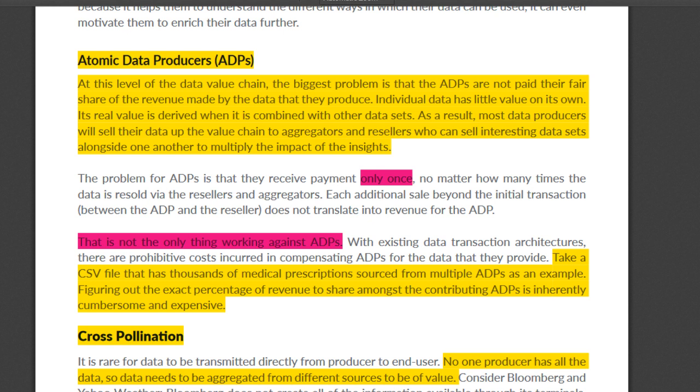Individual data has no value on its own. The real value is derived when you combine it with other data sets. So how much is it worth to just know when Mary Sue was at Starbucks? It's worth nothing on its own, unless you're Mary Sue's stalker and you want to know when she goes to Starbucks. It doesn't matter. But if you have 1,000 people and when they rolled into Starbucks, that's something that's worth something.